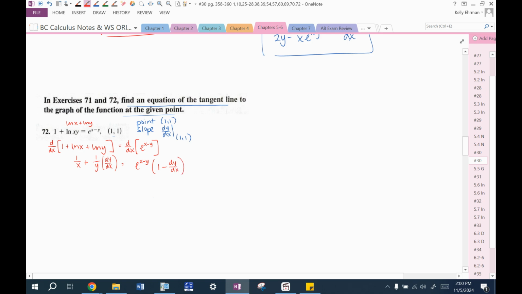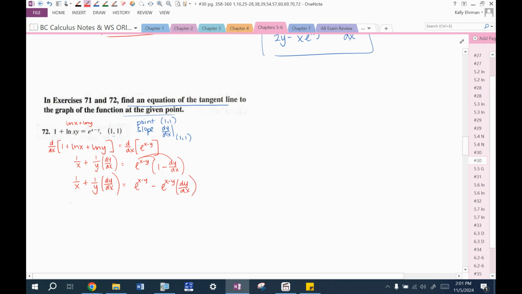All right, and just kind of like on the previous problem, to get the dy dx out of here, I need to distribute. So nothing to do but rewrite the left side. This becomes e to the x minus y times 1 minus e to the x minus y times dy dx.